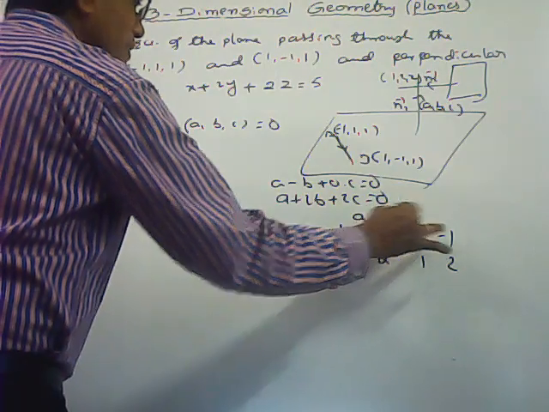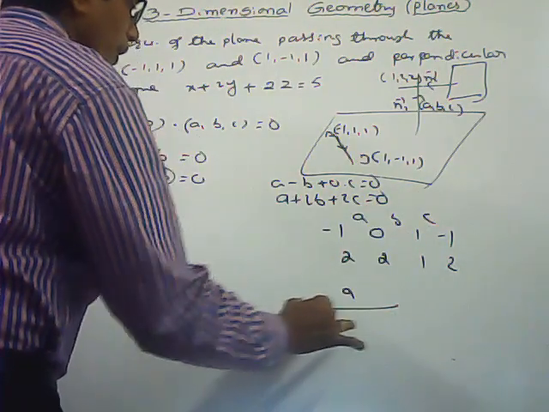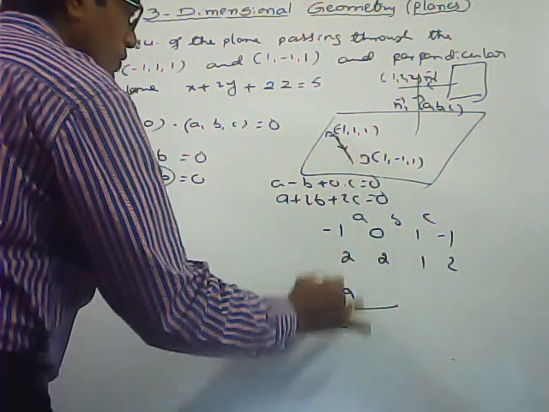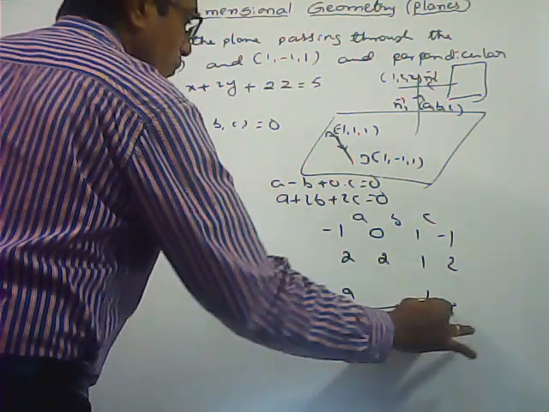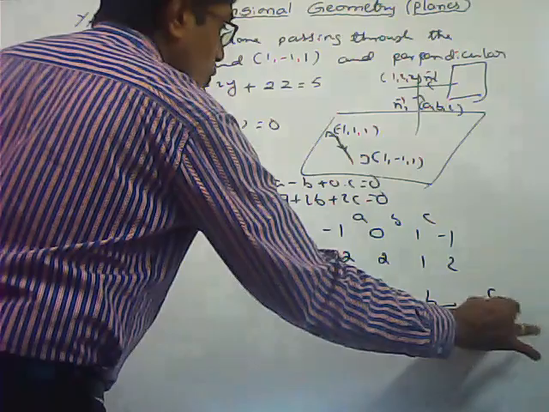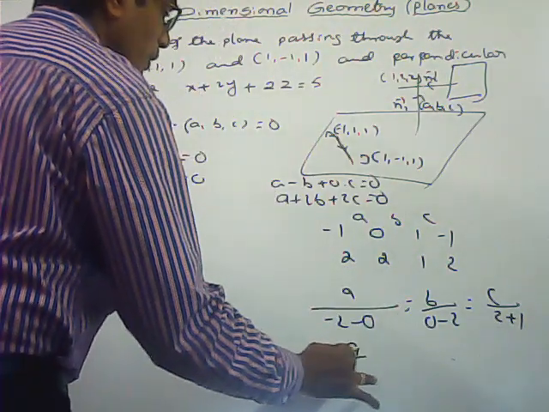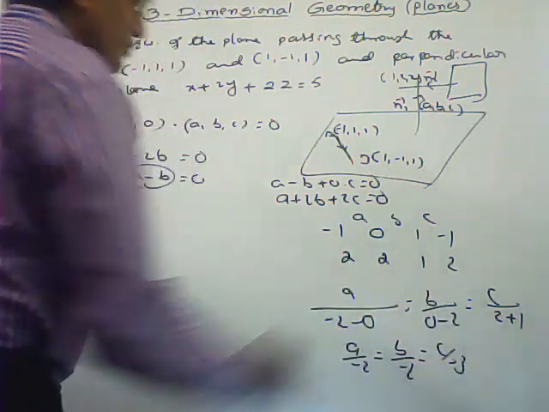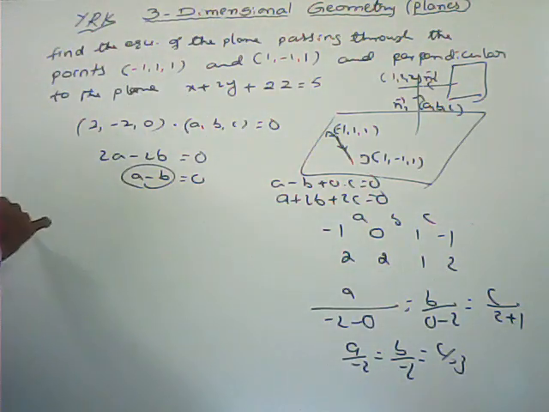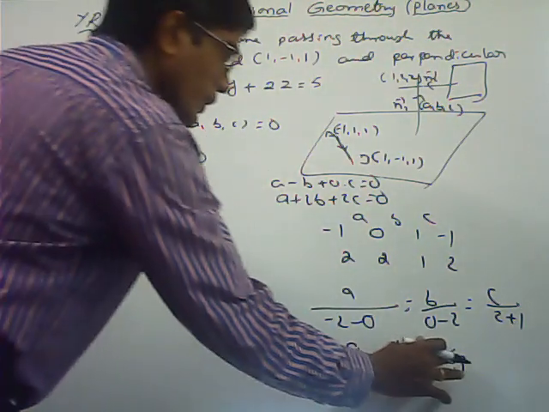This is a, this is b, this is c. So a by (minus 2, this is 0), b by (0 minus 2), c by (2 plus 1). So a by minus 2, b by minus 2, c by minus 3. Otherwise here you can take a by 2, b by 2, c by minus 3.